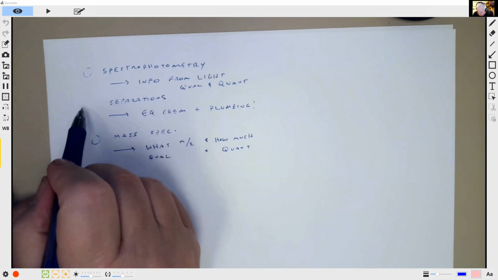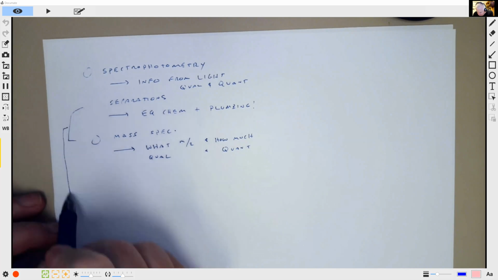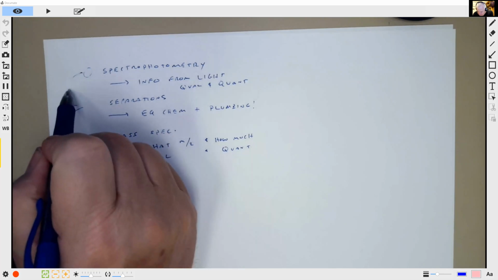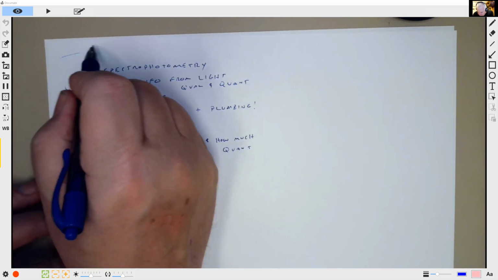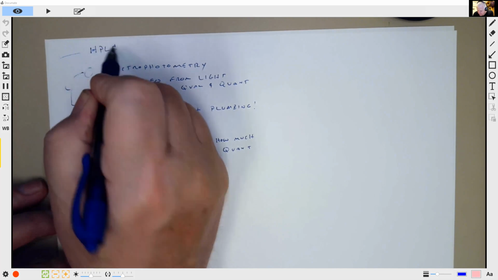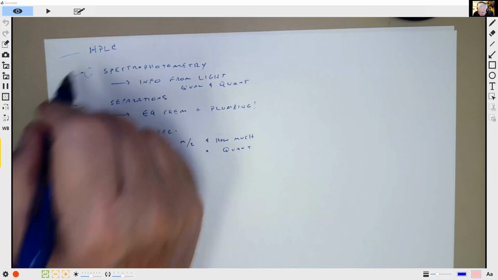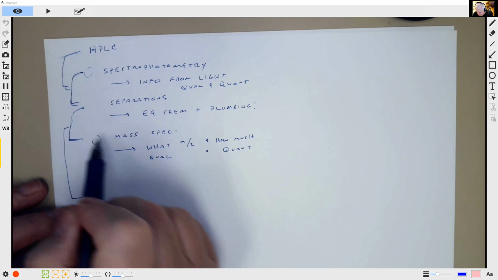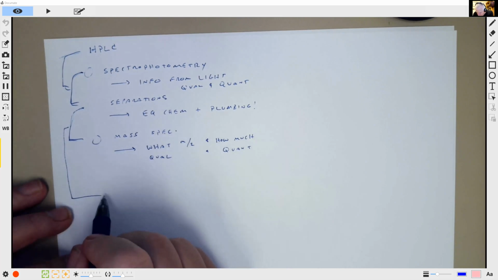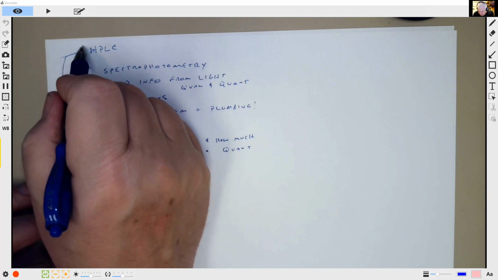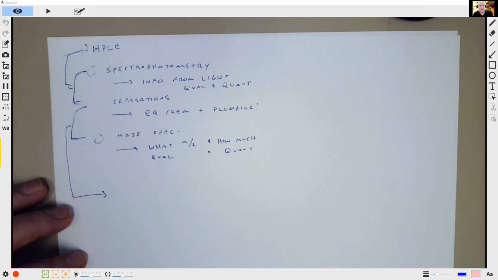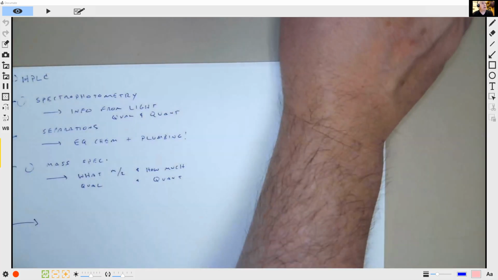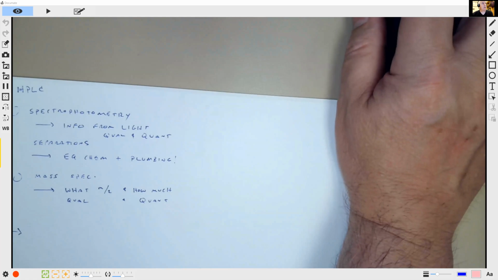and very commonly separations and mass spec are coupled, right? Now, separations and spectrophotometry are coupled in our HPLC, right? But separations and mass spec are also coupled. And the most common tool, and by far the single most powerful tool in chemistry, is called GCMS, or gas chromatography mass spectrometry.